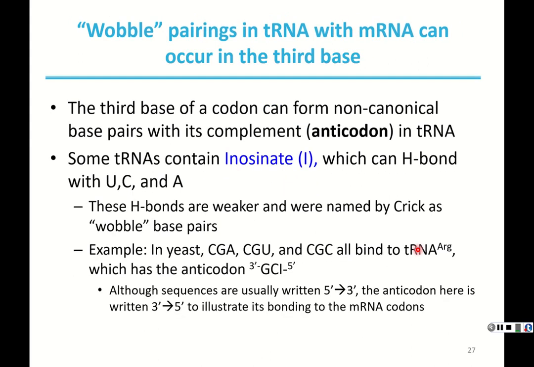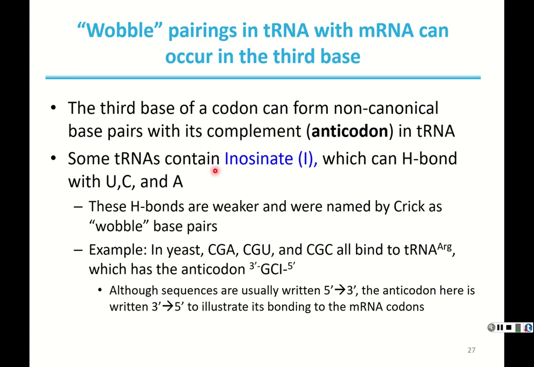One slight difference you have with the interaction between tRNA and mRNA is what's known as wobble, and that occurs at the third base in the codon. The third base of a codon can form base pairs with a complement in tRNA that are not considered the normal Watson-Crick base pairs.